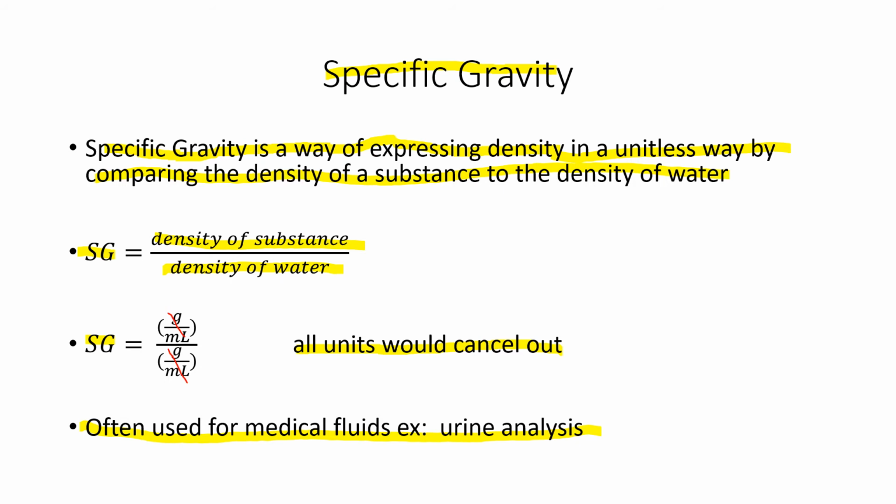The specific gravity of the urine was 1.04. What does that mean? It means it's 1.04 times more dense than water. You're just comparing that density to a standard. So I need you to be a little bit familiar with what specific gravity really is.